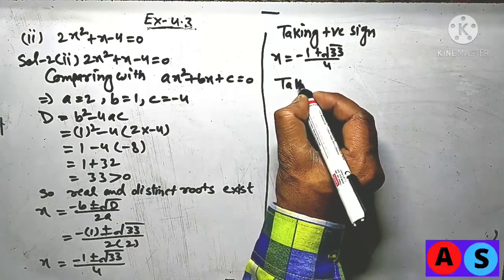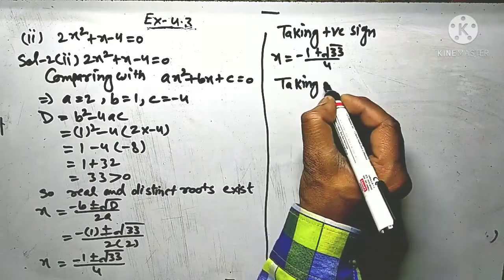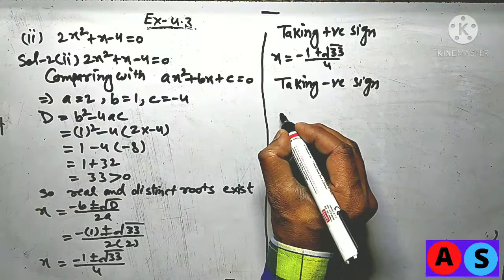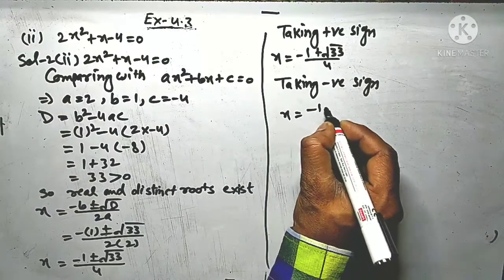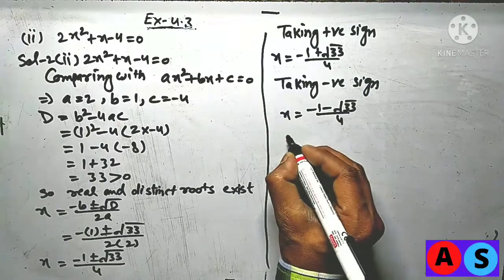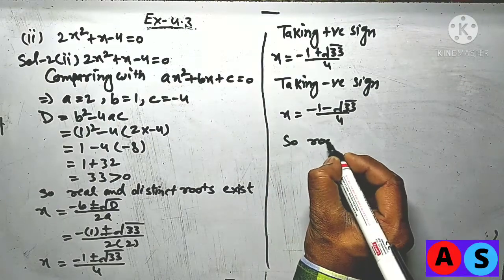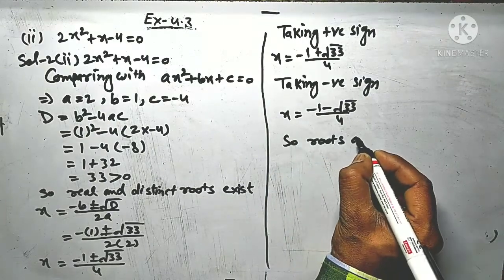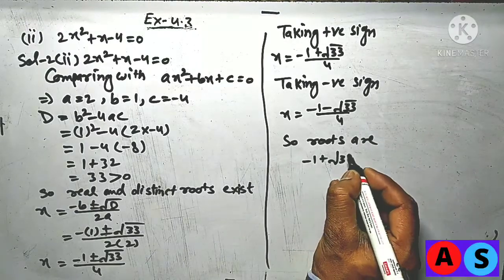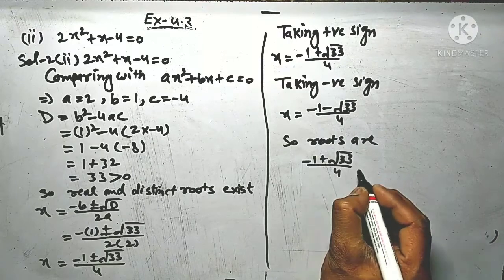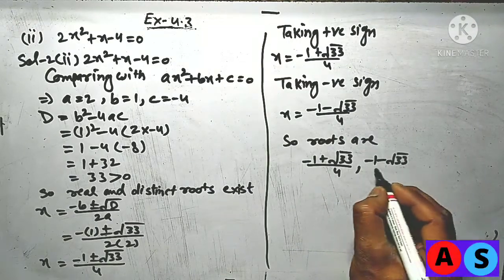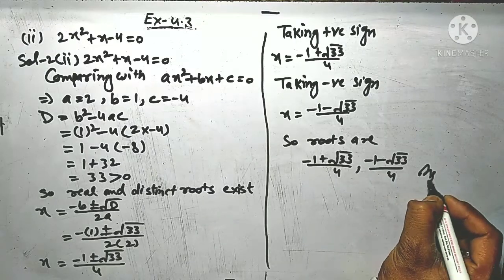Taking negative sign, so x is equal to minus 1 minus under root 33 over 4. So roots are minus 1 plus under root 33 over 4 comma minus 1 minus under root 33 over 4. Answer.